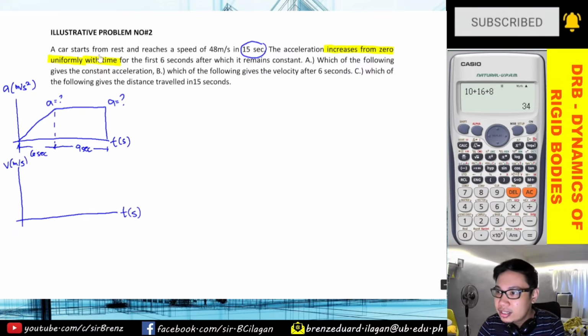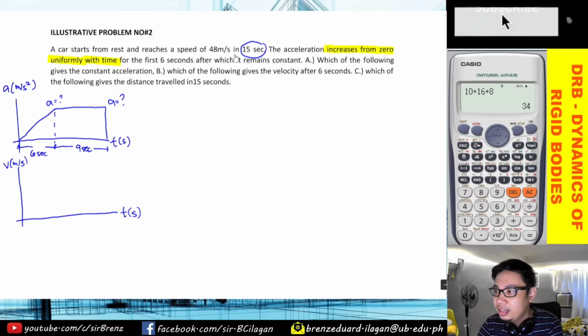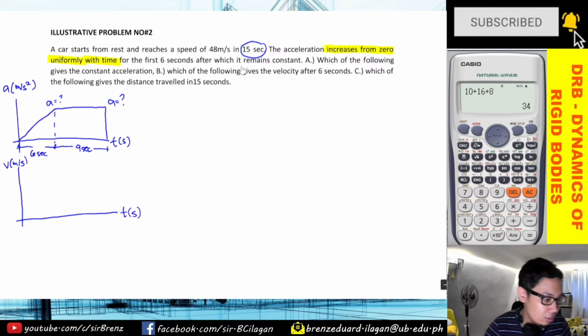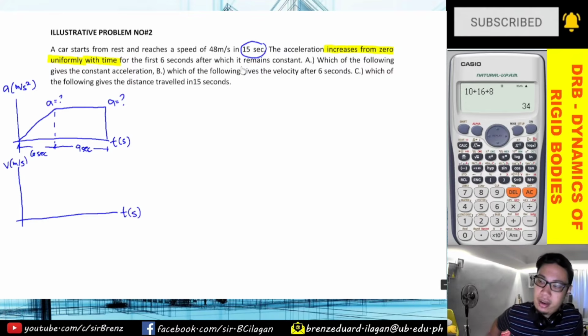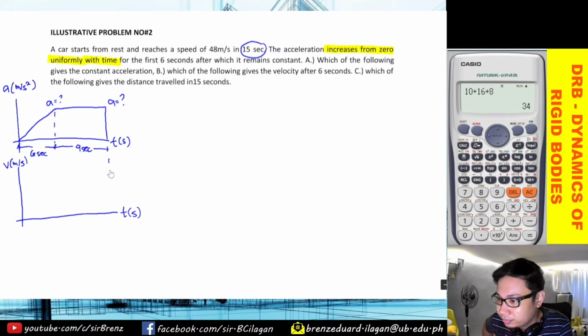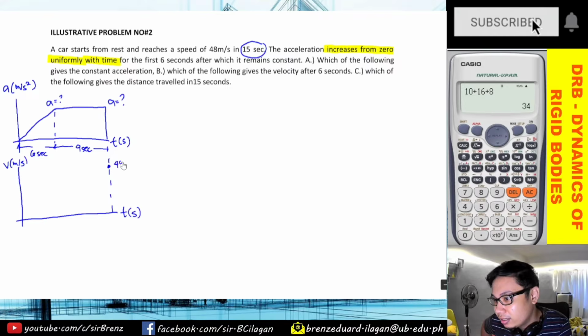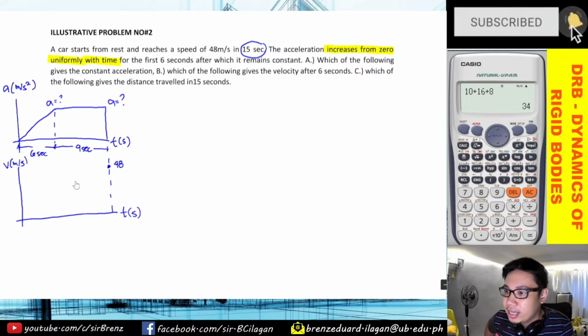A car starts from rest and reaches a speed of 48 meters per second in 15 seconds. So what will its diagram look like? That is after 15 seconds, so it is here at the end, where it attains 48 meters per second. In short, the shape will be like this.